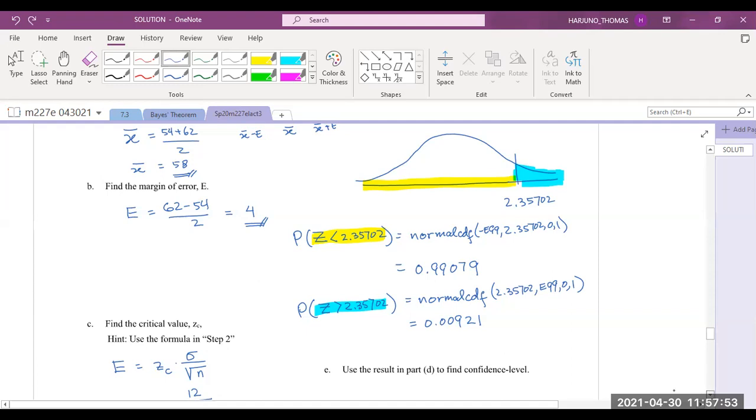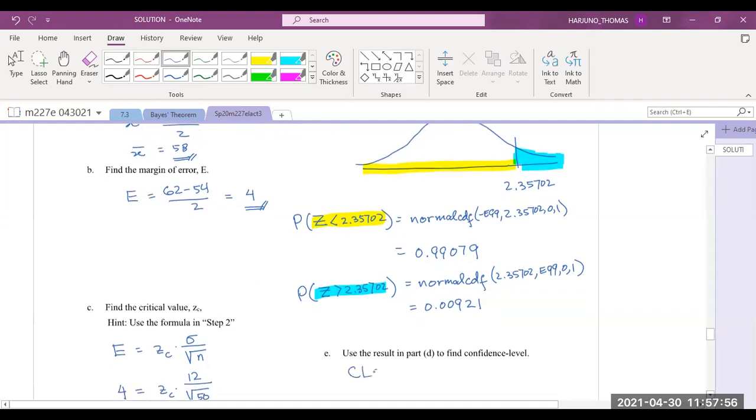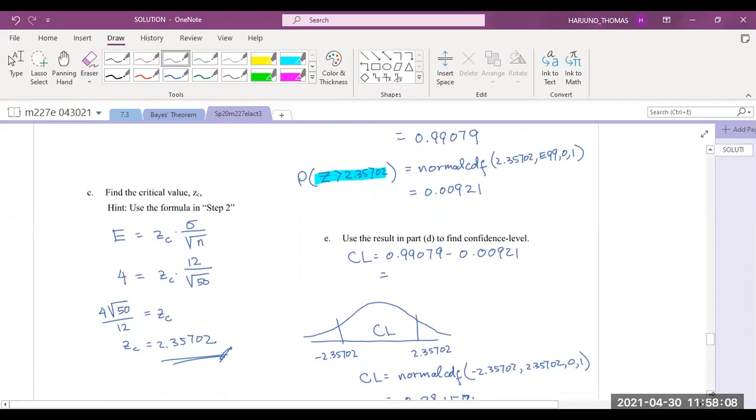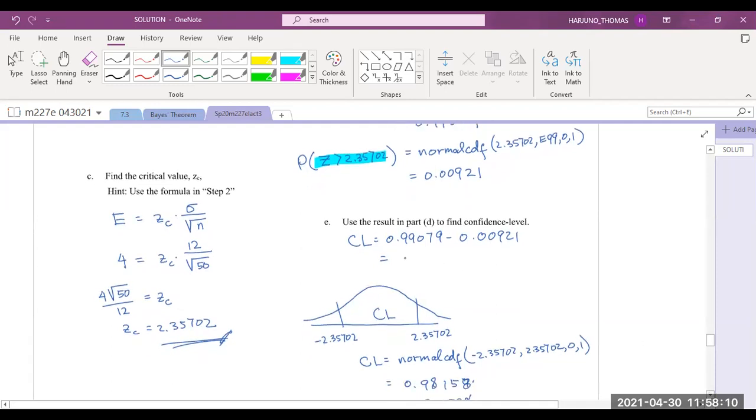So the confidence level, according to the numbers we have above, is 0.99079 minus 0.00921. And you will see that's basically the same as what we have here. 0.98158.